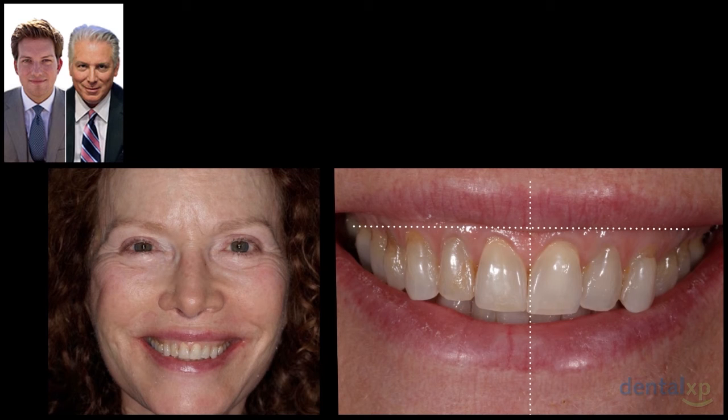As we do that, what we start to see in the initial phases of the treatment planning is that we need removal of soft tissue on the patient left, but more importantly, we're going to really change the position of the teeth to negate that maxillary cant going from patient left to patient right.